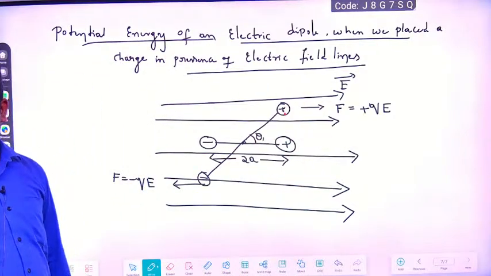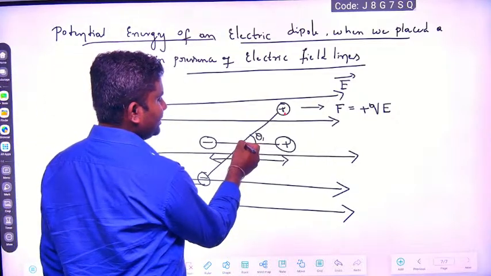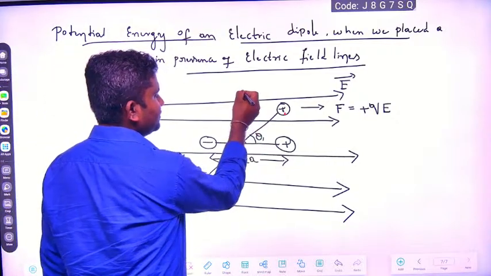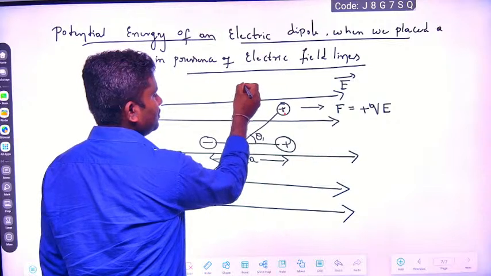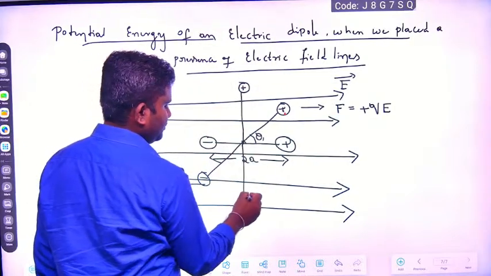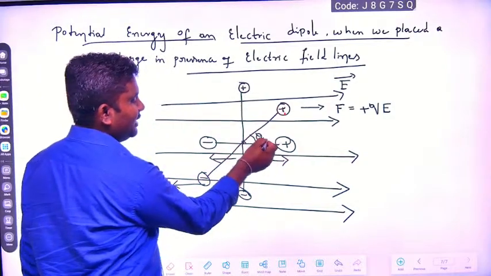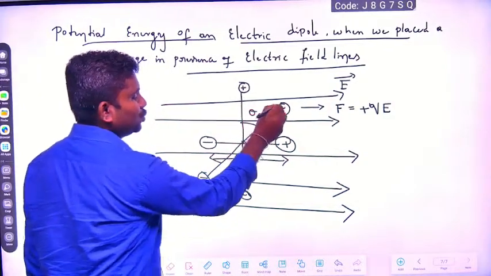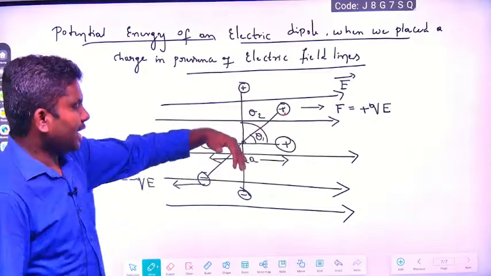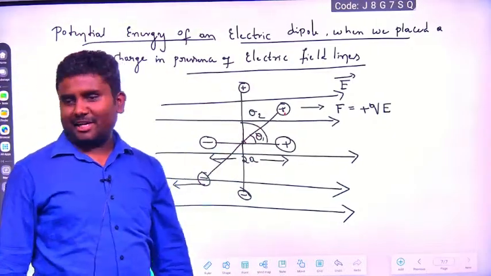Now, for example, I will tilt this till like this: plus Q, and this is negative, minus Q. This angle I will tilt till theta 2. I tilted it completely 90 degrees, perpendicular to the electric field.